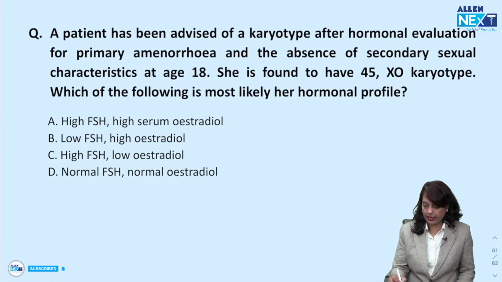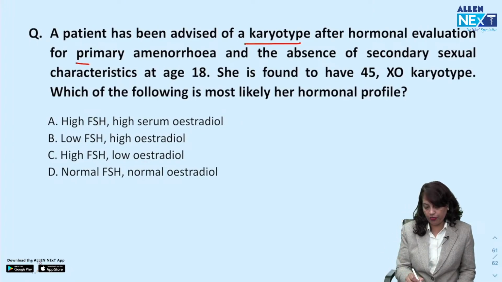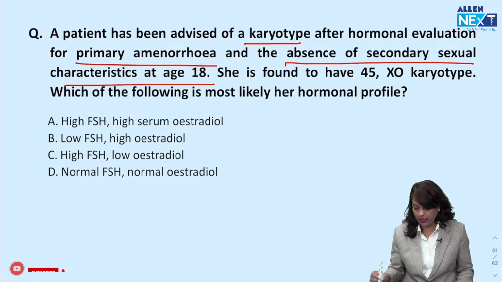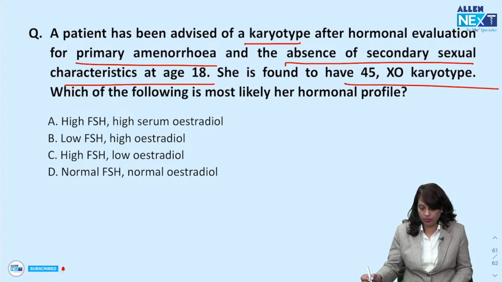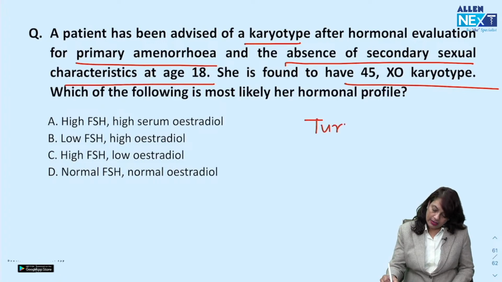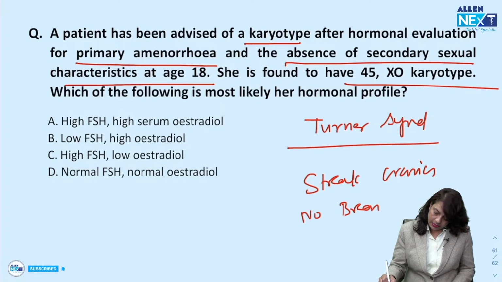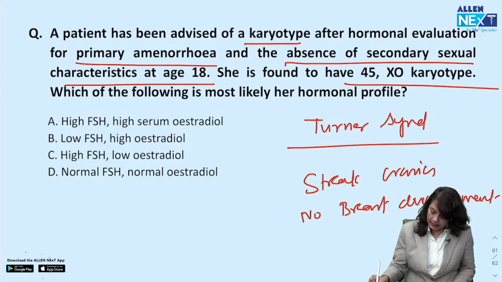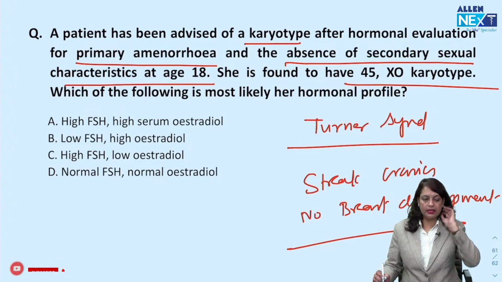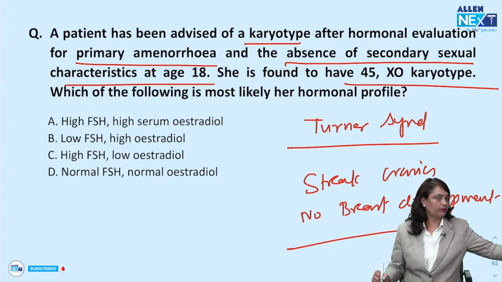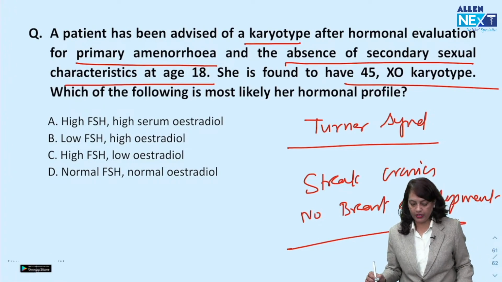A patient has been advised a karyotype after hormonal evaluation for primary amenorrhea. Absence of secondary sexual characters by age 15 and karyotype is 45XO. So this is most likely Turner syndrome, where there are streak ovaries. There is no breast development and there are stigmata of Turner syndrome.